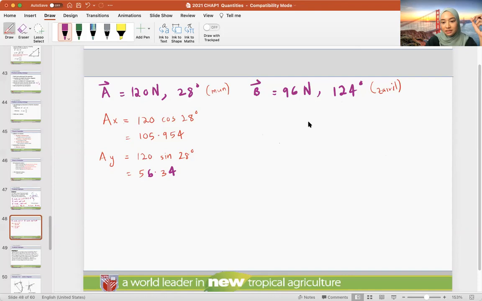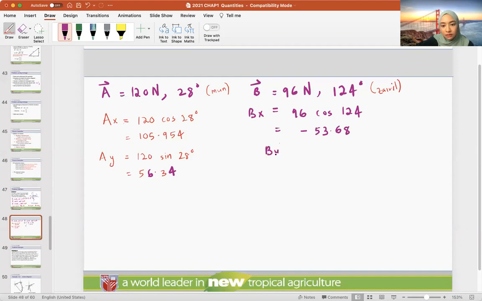Okay, yes. Untuk B, BX is 96 cos 124, equal to negative 53.68. Okay.